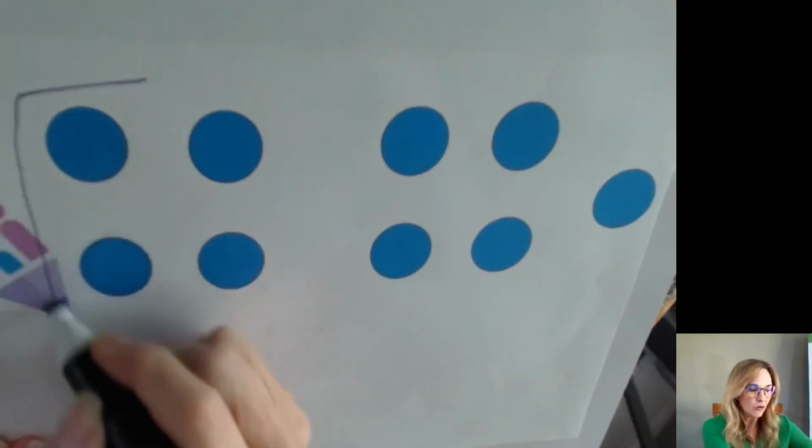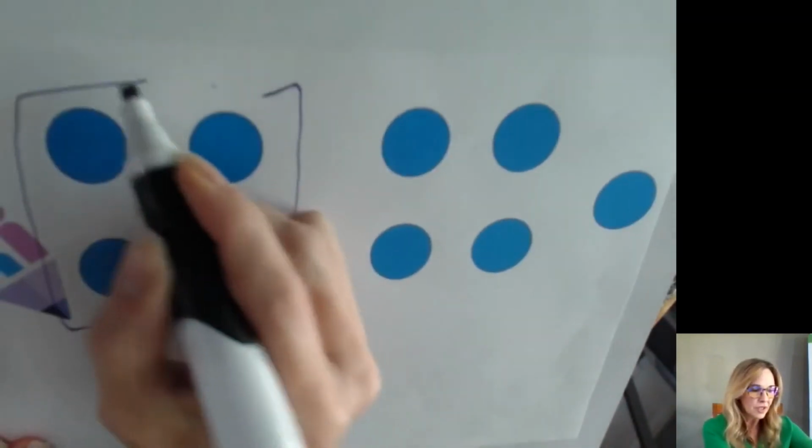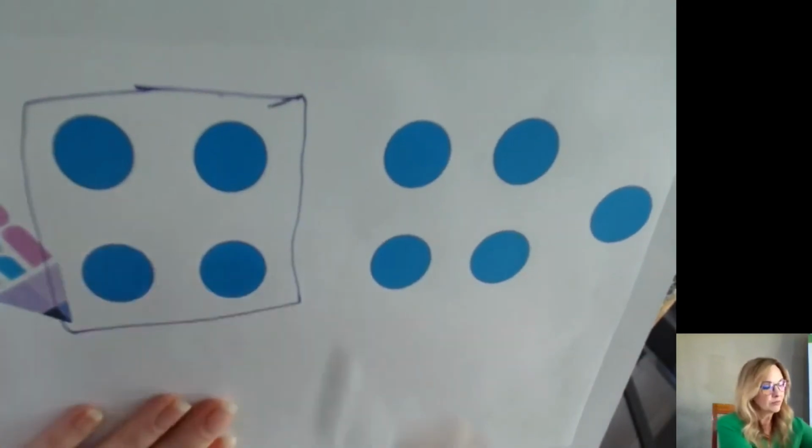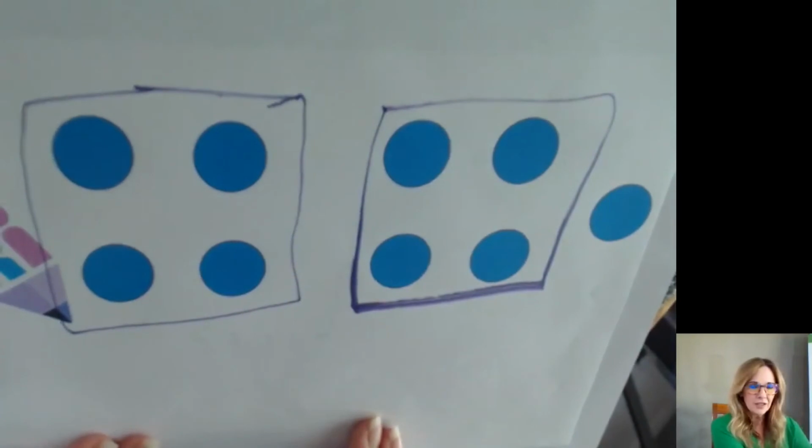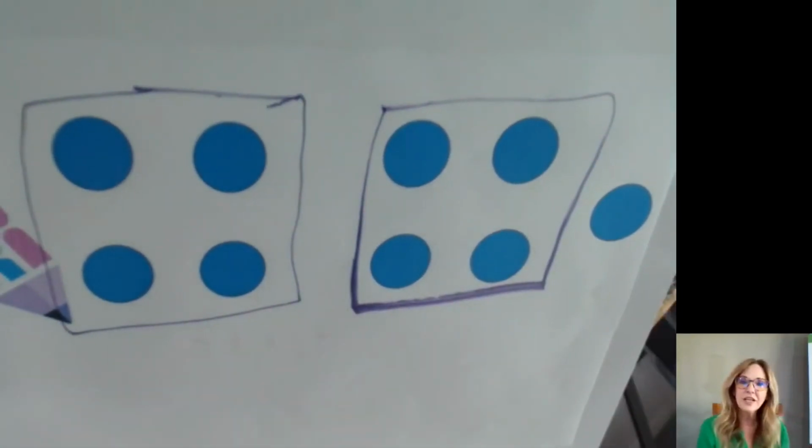Oh, Caroline? Caroline says she sees 4 dots here and 4 dots here and 1 left. Let's think about writing a math expression to show Caroline's thinking.